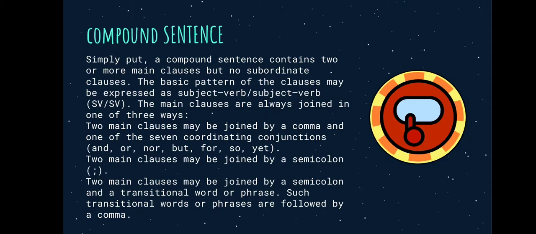Two main clauses may be joined by a comma and one of the seven coordinating conjunctions: and, or, nor, but, for, so, yet. Two main clauses may be joined by a semicolon. Two main clauses may be joined by a semicolon and a transitional word or phrase. Such transitional words or phrases are followed by a comma.